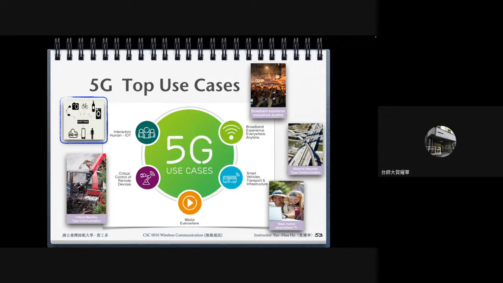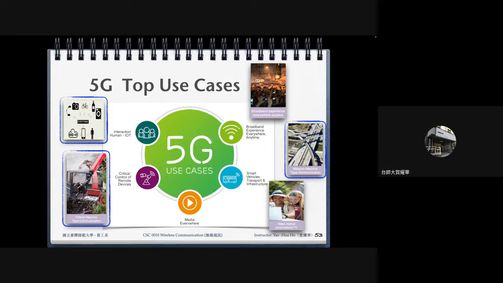Another good area is massive machine to machine communication: vehicle to vehicle, vehicle to infrastructure, vehicle to anything. Then the next one is critical control of remote devices: control unmanned vehicles, control unmanned machines. Those are I think the top usage for fifth generation of cellular network.